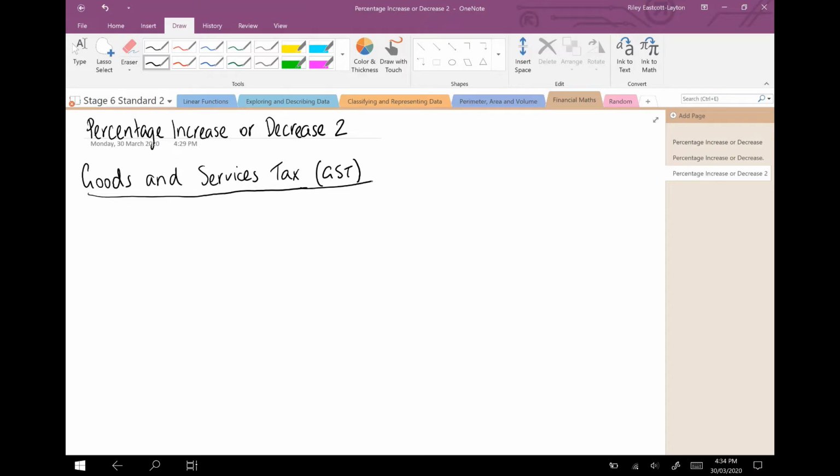So we'll jot down some notes. GST is the tax added to goods and services.